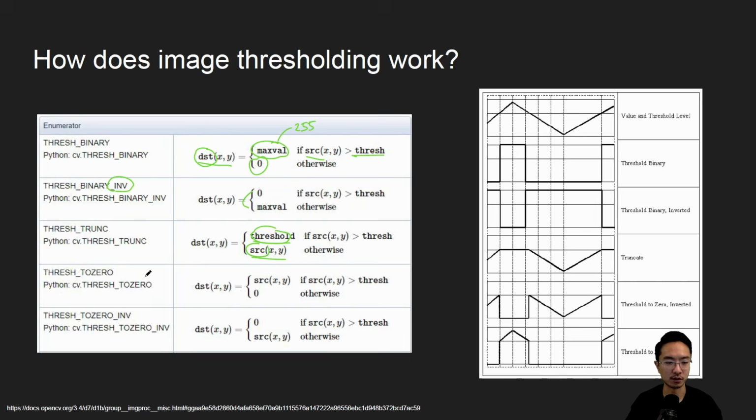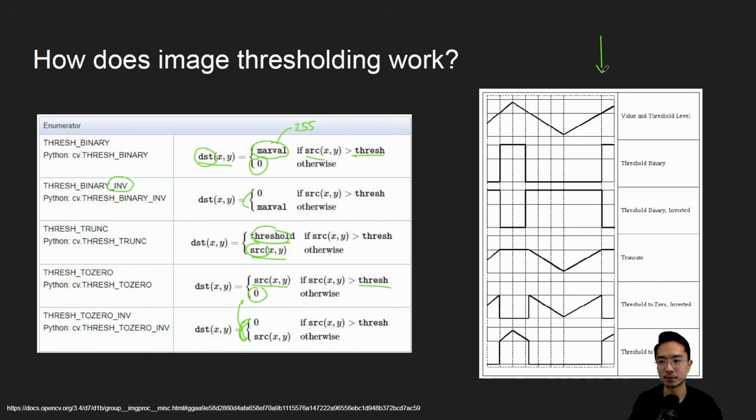And then you have thresh to 0 here. What this says is if your image pixel is greater than your threshold, then just set it to your original image pixel. Otherwise, you let it be 0. And then this one here is just the inverse of this. So these two lines here are switched.